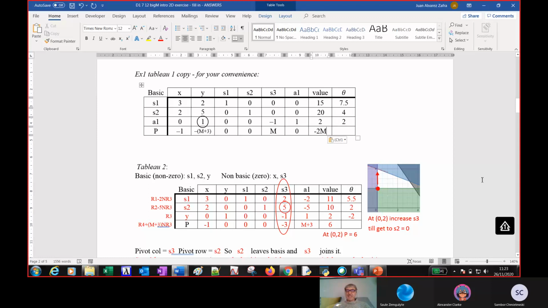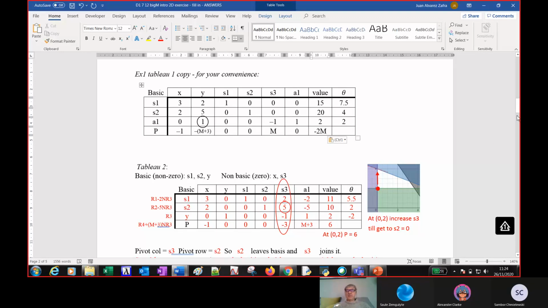That now means that S3 is the pivot column, so S3 is going to join the basis, S3 is going to become non-zero from being 0, and S2 is going to leave the basis. So in the next tableau, we're going to replace the S2 row by an S3 row. So the S3 will move to the beginning of row 2.